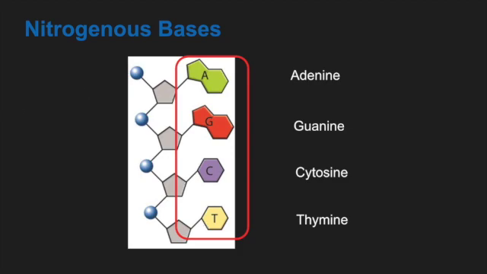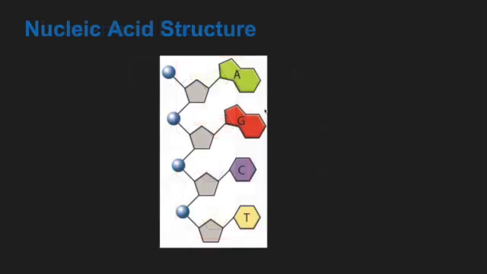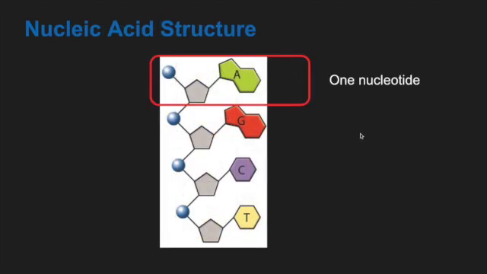The bases are actually joined by these covalent bonds here to connect to our 5-carbon sugar. So this is the structure of DNA. You have your phosphate group, your 5-carbon sugar, and your base. That makes up 1 nucleotide. Well, 1 nucleotide isn't going to make up DNA. You have to connect it to many others.